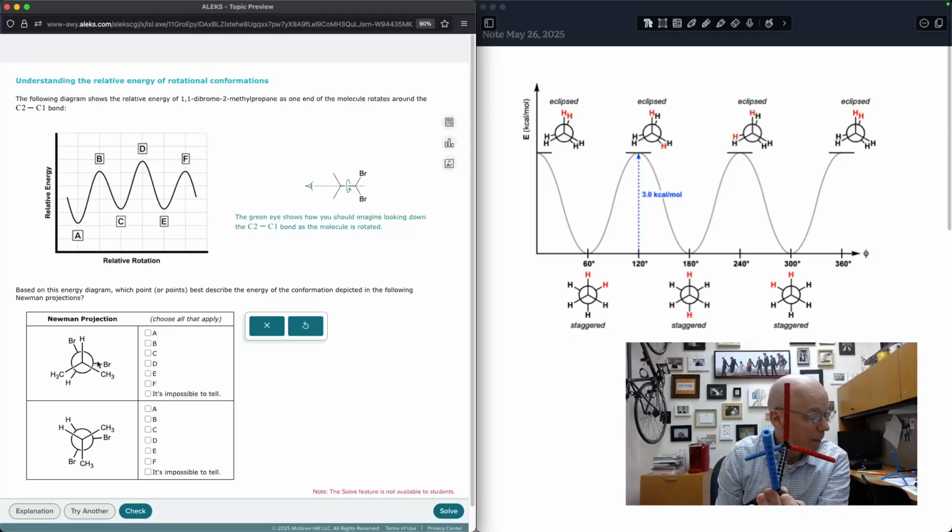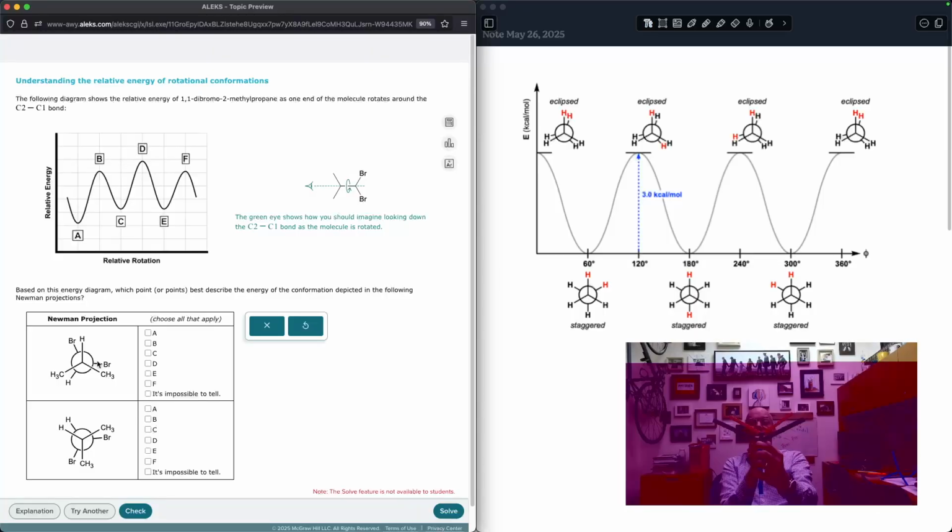Doesn't matter. Now, it's asking me which would apply here. Based on the energy diagram, which point or points? Relative resolution. All right, so it looks like there's going to be more than one. Okay, so I'm going to go with the highest first, again, because that highest is easier for me to see.